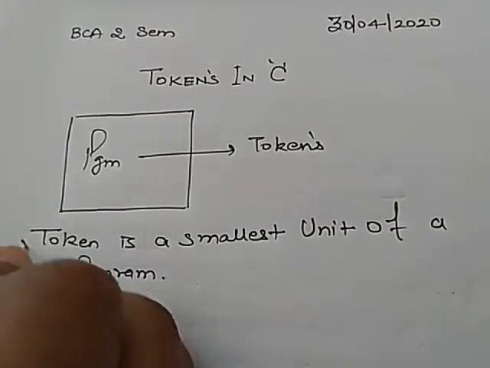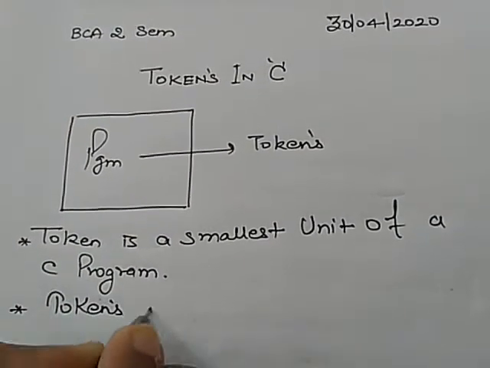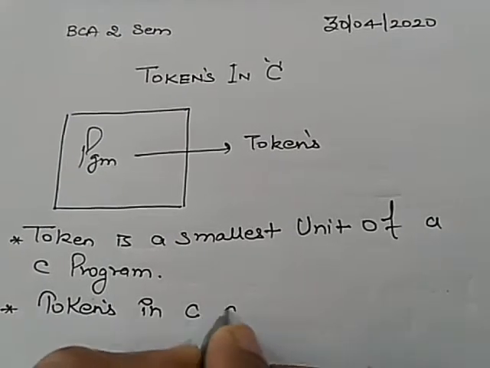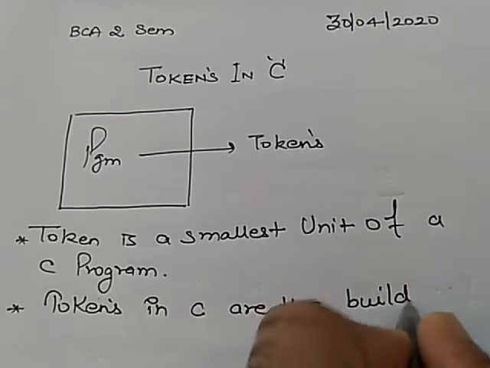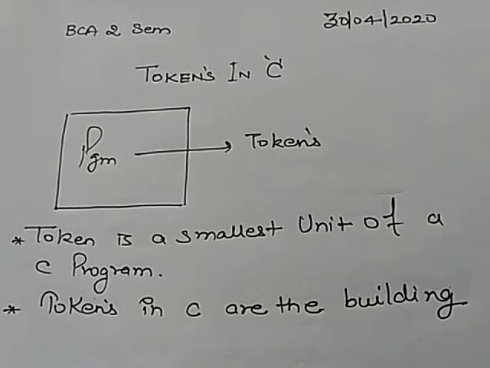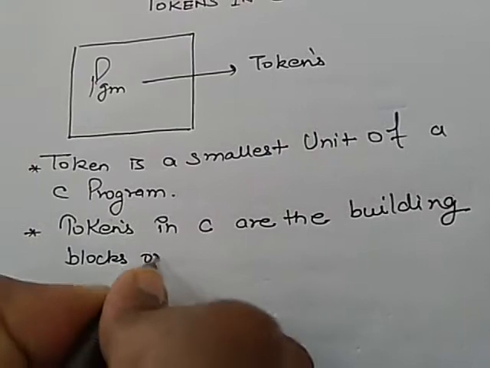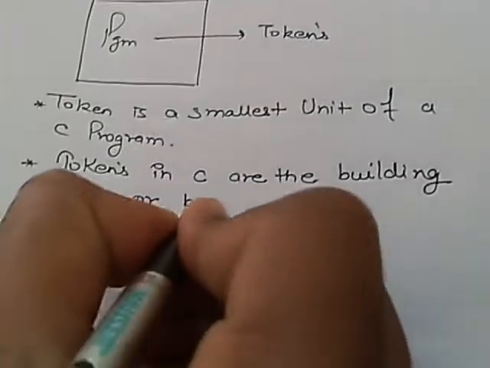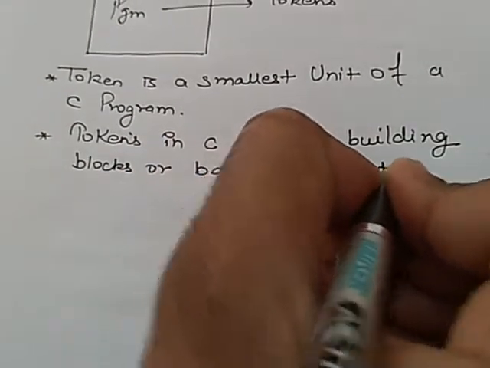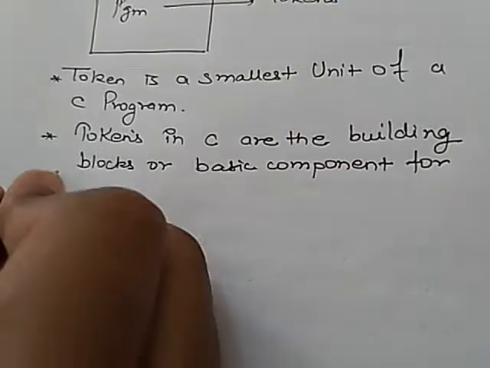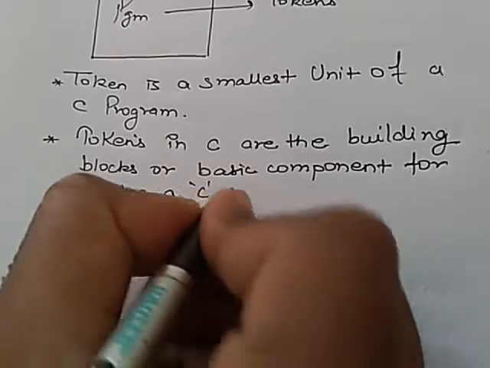So, we can also say that tokens in C are the building blocks or basic components for creating a C program.